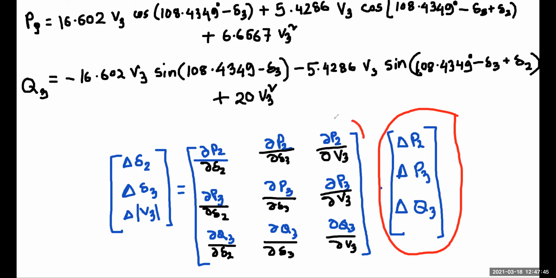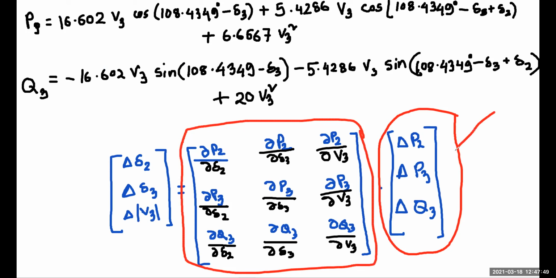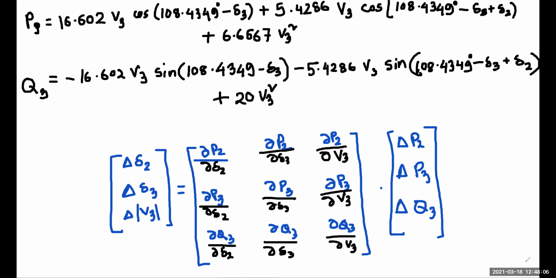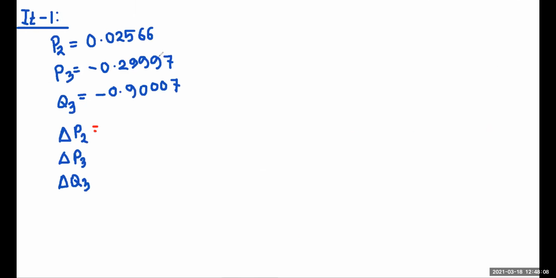Another component will be your Jacobian matrix. So at first we have to find these, then we have to find these. We already know the equation of these, so we will just put the values there and we will get the values of the matrix. Now what is your del P2?